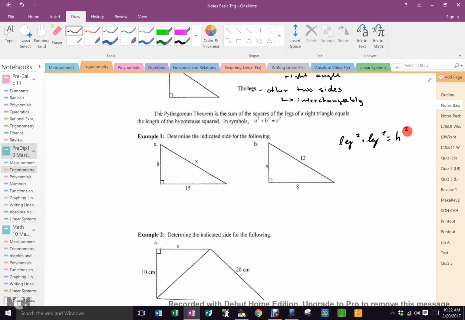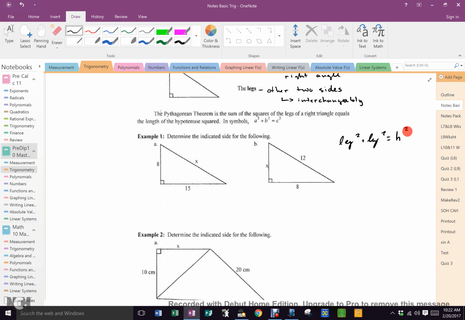And if you can get this in one go, try this one in one go. It's going to be the square root of what? 12 squared minus 8 squared. The miracle triangle that's 15 by 8, but 289 here.